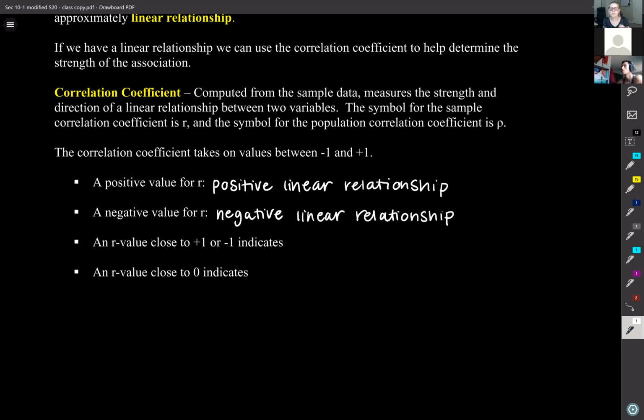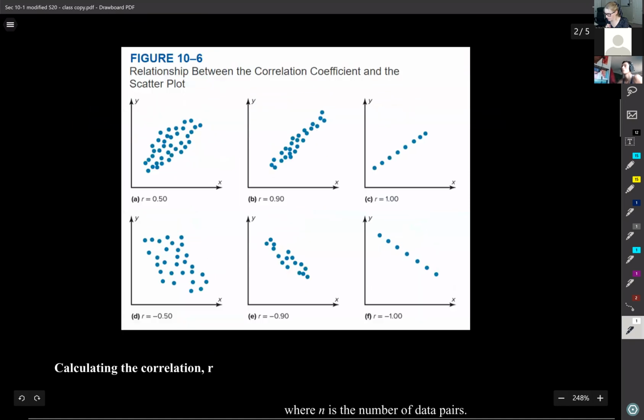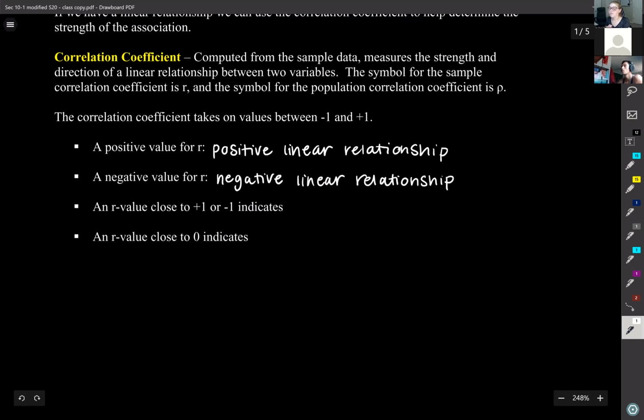Any value that's close to +1 or -1 is going to indicate a strong linear relationship. If you have a positive value, the closer to 1 you are, the stronger that positive linear relationship is. If you have a negative value for R, the closer you are to -1 indicates a stronger negative linear relationship.